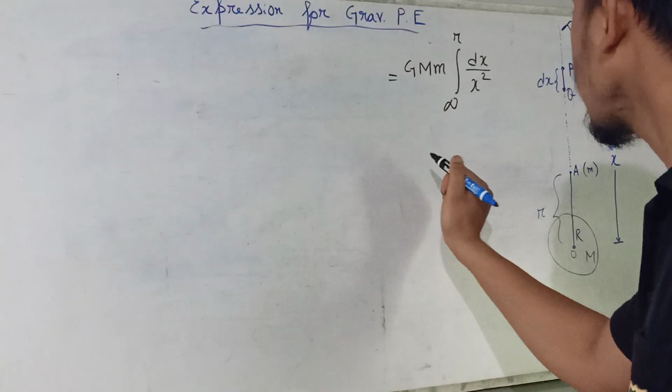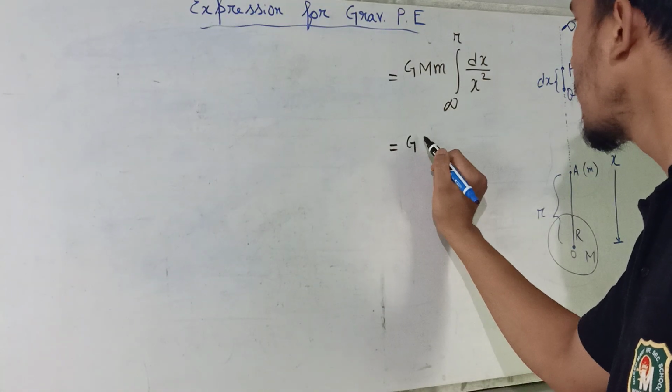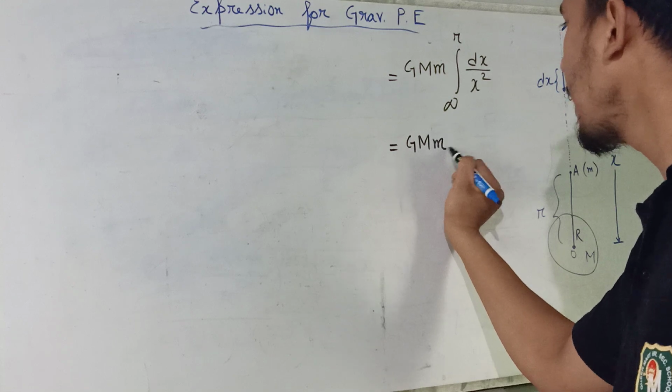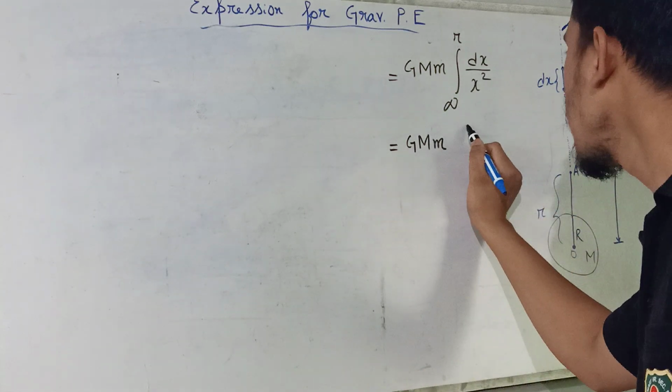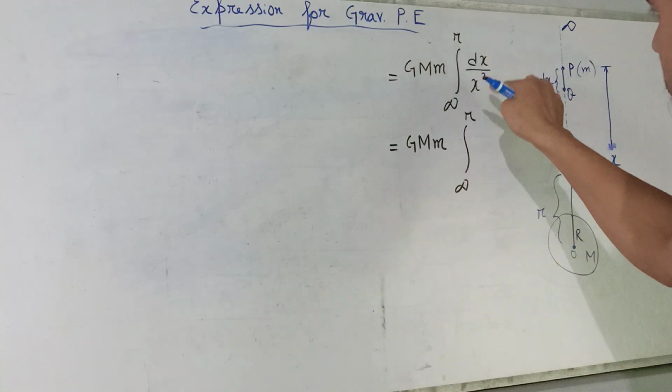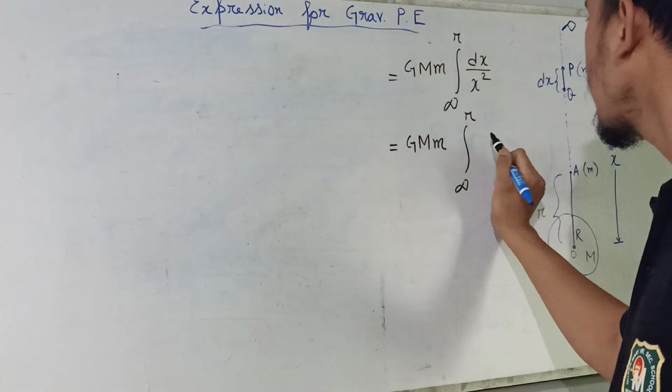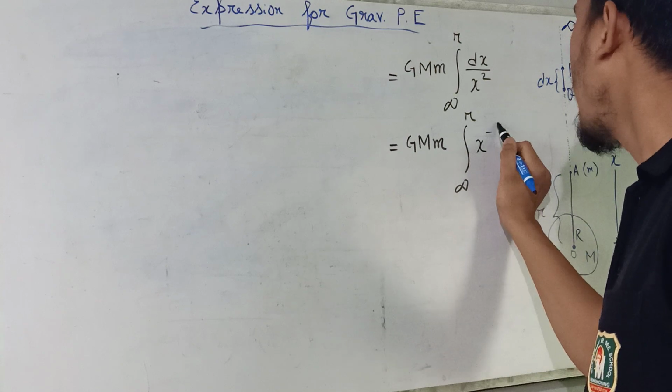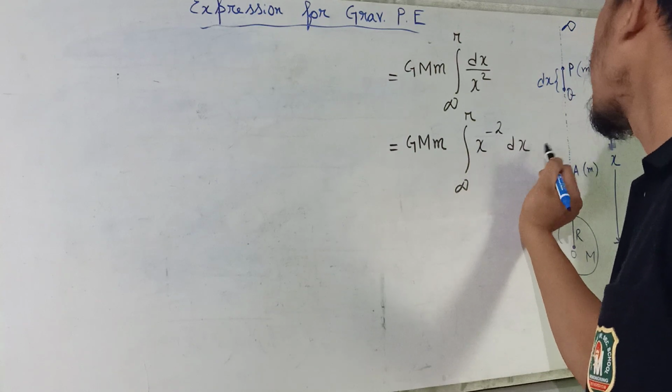Now this gives you G M m, and here the limit of integration is infinity to r. Now dx by x squared we can rewrite as x to the power minus 2 dx.